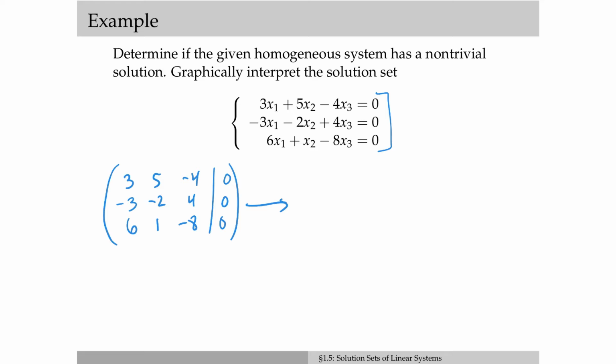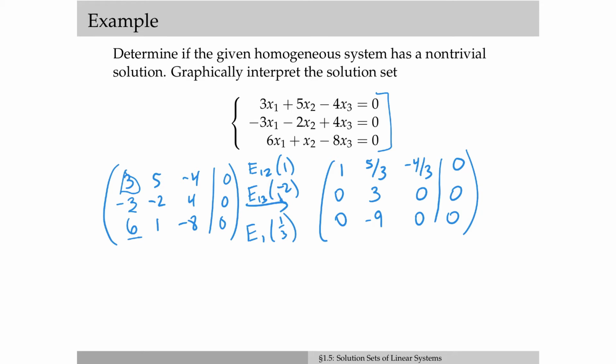What we'll do in our first step is use the first entry here to eliminate these two and multiply the top row by 1/3. So what we'll end up doing is E12 of 1, E13 of -2, and E1 of 1/3.